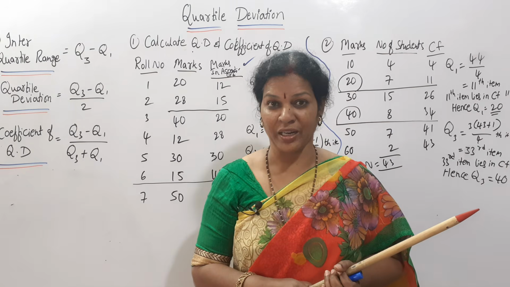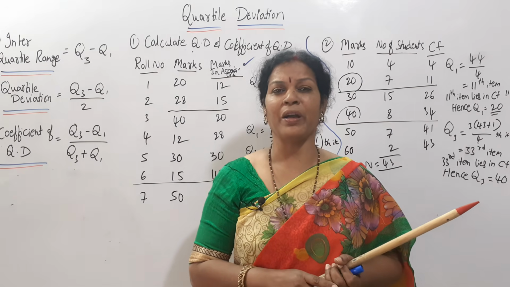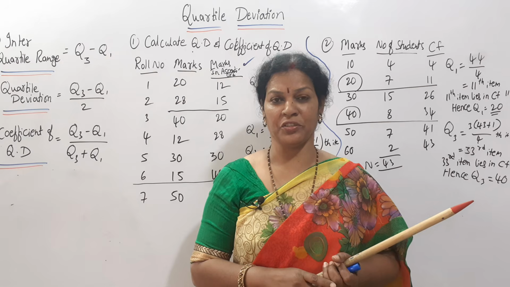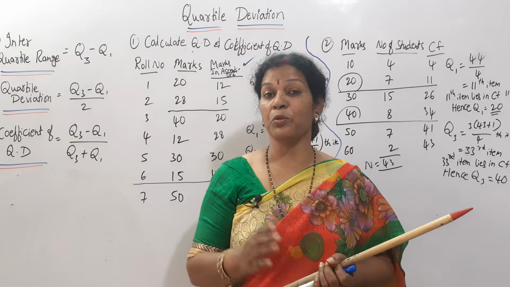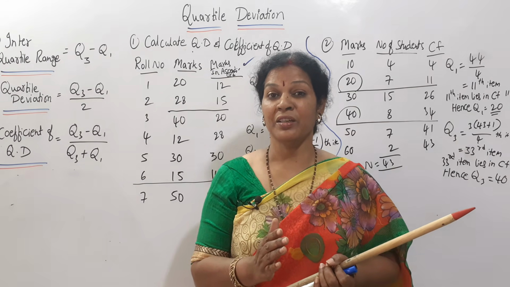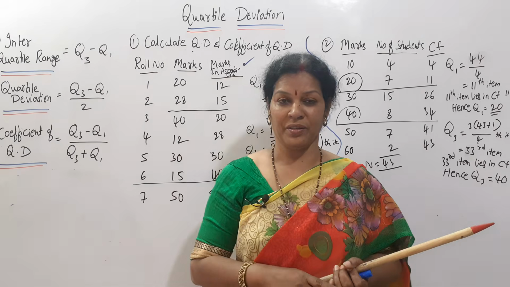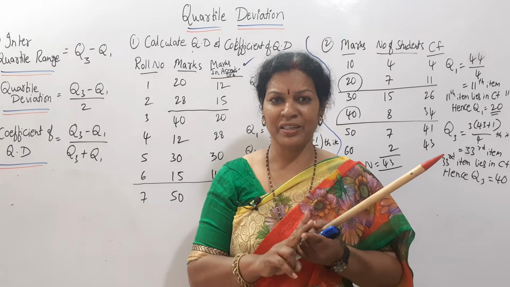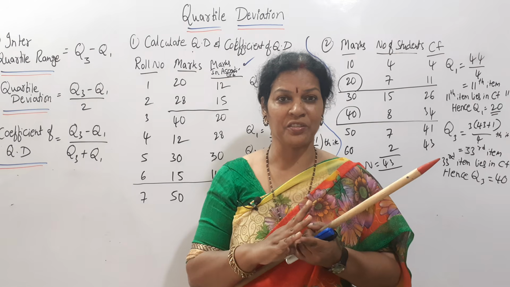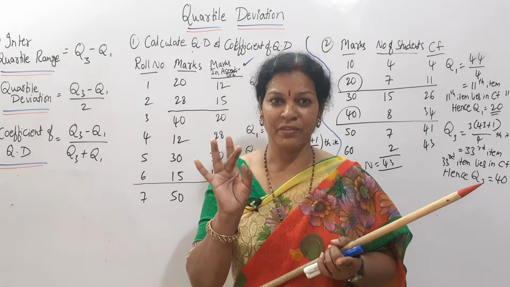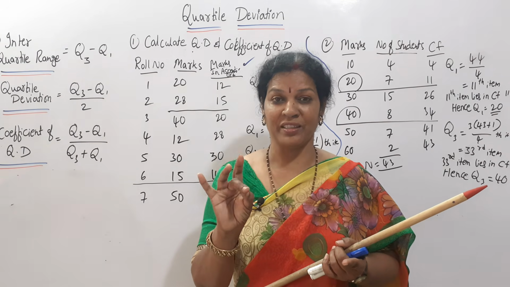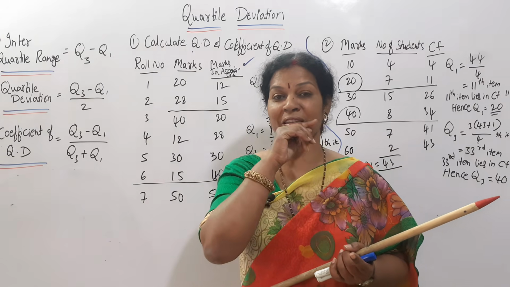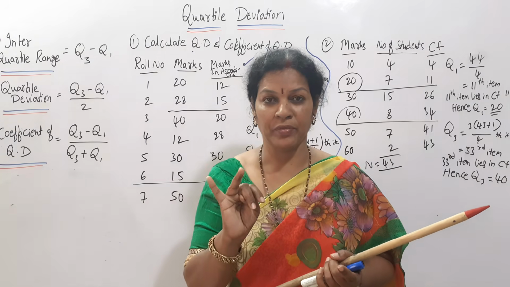To overcome that, we can go for quartile range. Quartile range means we take the difference between Q3 and Q1. I think you remember median, quartiles, deciles, percentile calculations. In the same way, we are focusing on quartiles, Q1 and Q3.